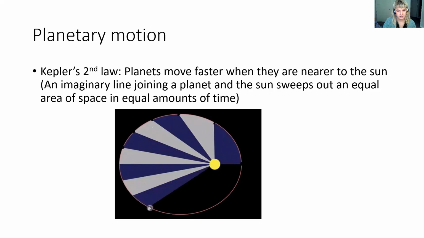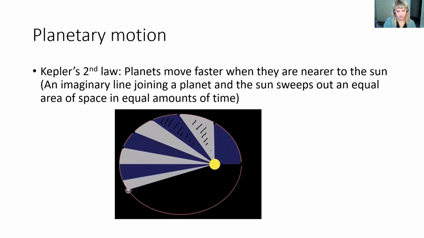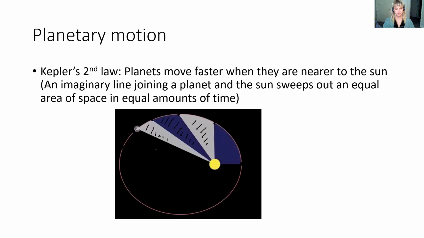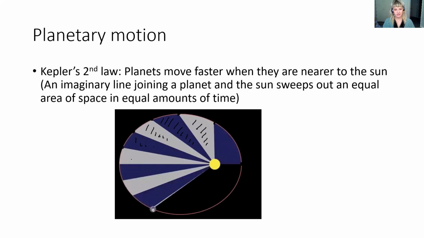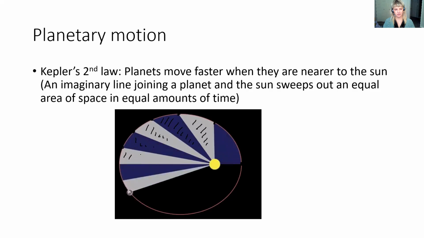Each of these areas, right? The area here and the area here is the same area. Same as the area here, same as the area here. So in order for that to happen, it means that the planet must be moving slower when it's further away, because it's sweeping out a lot of area out here.